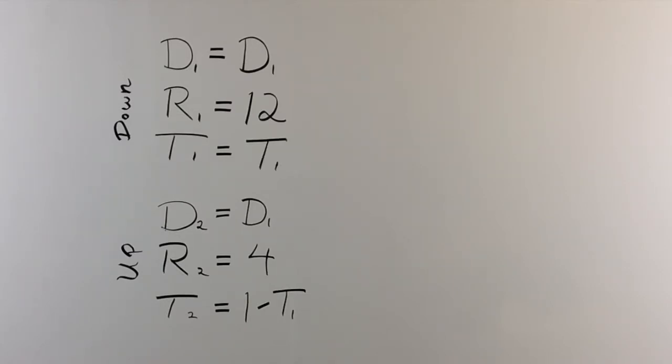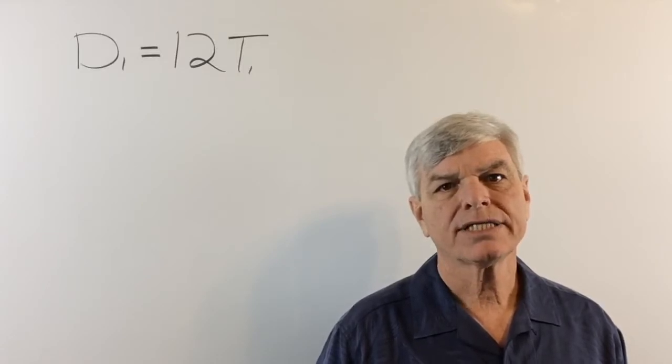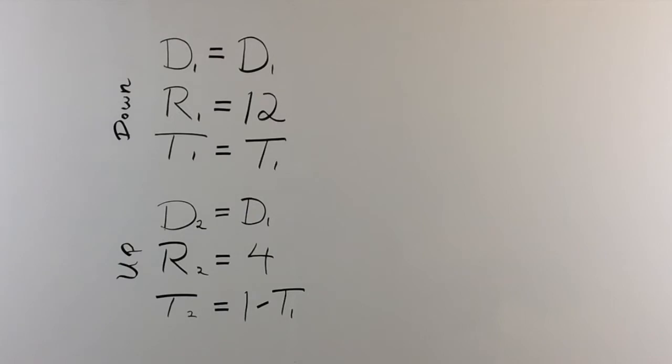So for our first formula, I think you can see that's going to be D1 equals 12 times T1. There you go, that's pretty simple. And our second formula is going to be D1 equals 4 times parentheses 1 minus T1. Do you see that? Look in the grid.